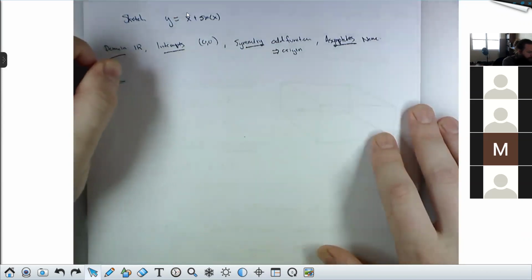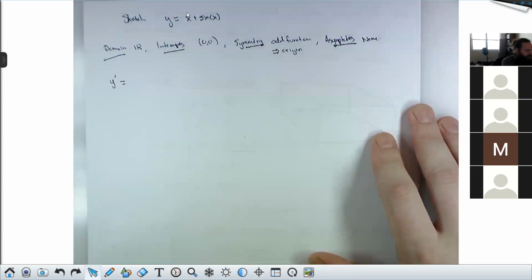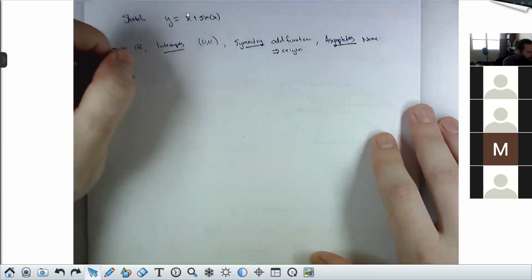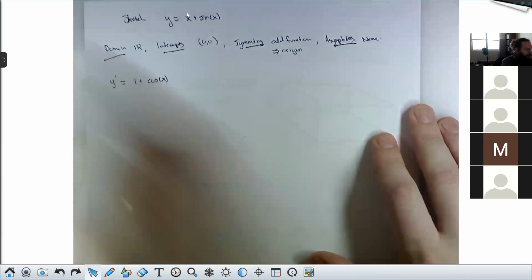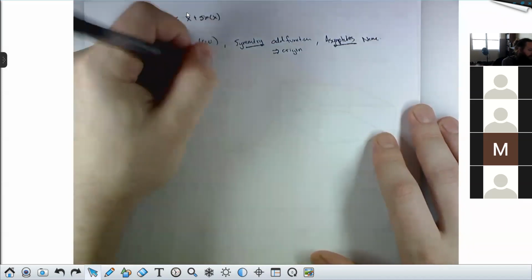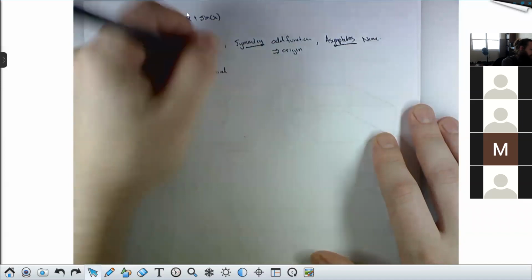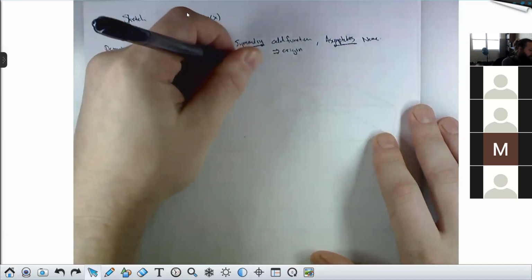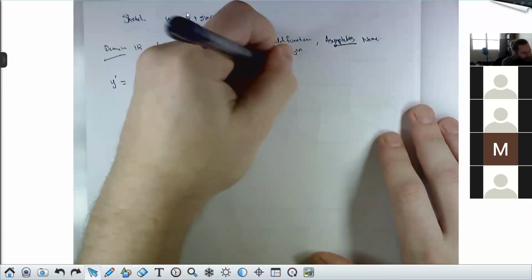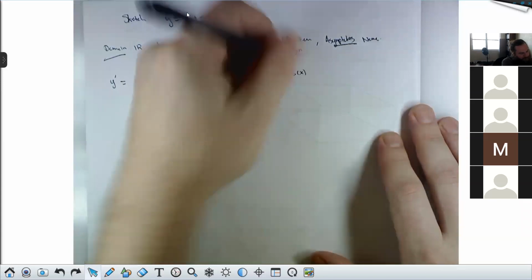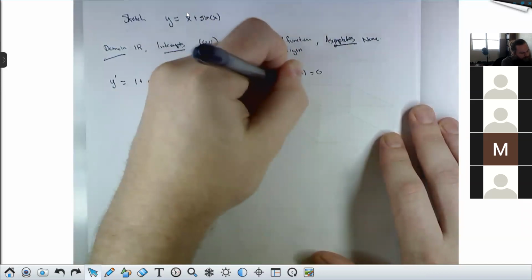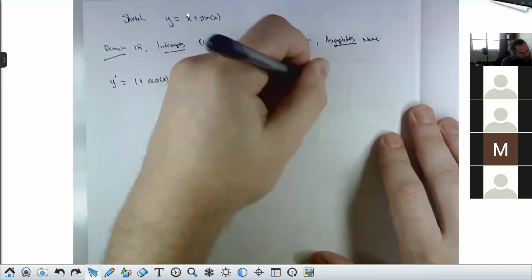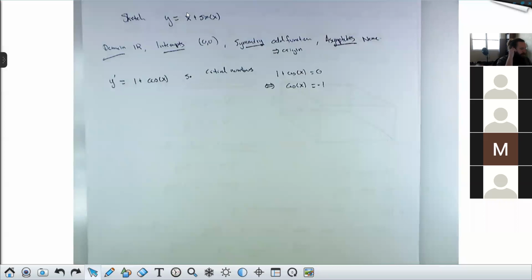y prime, if we're looking for mins, maxes, and increasing, decreasing, y prime is 1 plus cos x. So our critical numbers come from 1 plus cos x equals 0, which is equivalent to saying cos x equals -1. So where is cos x equal to -1?